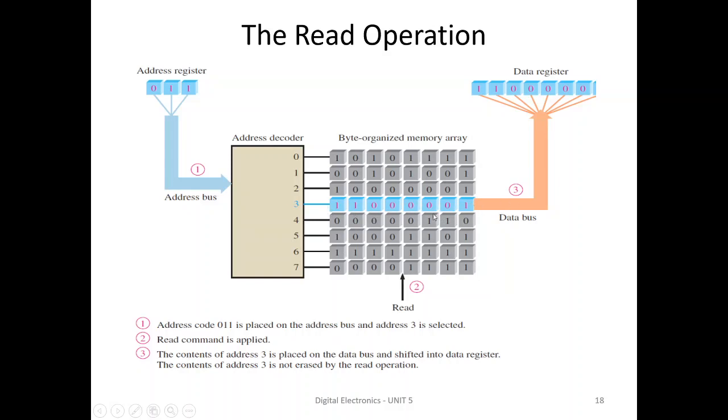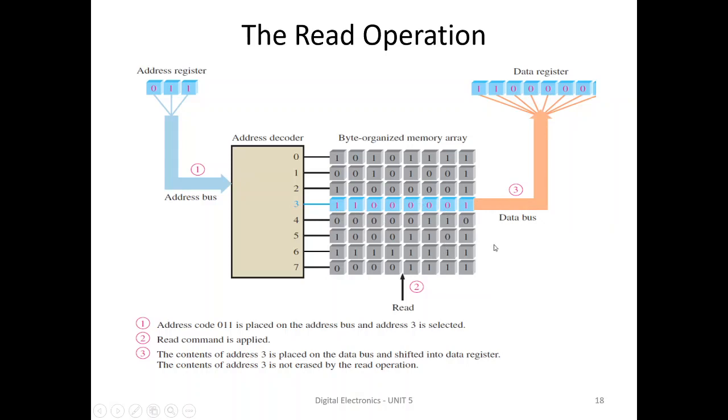Just a copy of that is sent to the data bus and kept there in the data register. The address tells exactly where the data has to be read from. Once the read operation is given, whatever data is present in this particular location is copied, a copy is taken and sent to the data register, and the data is still retained there.